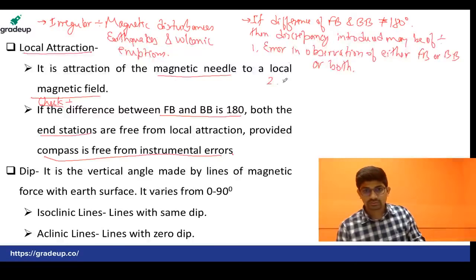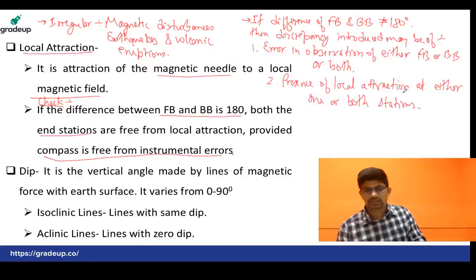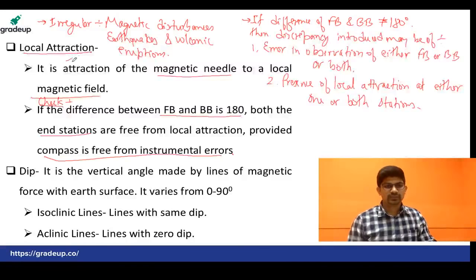Okay, also it may be the presence of local attraction at either one or both stations. So this local attraction will affect our compass survey.